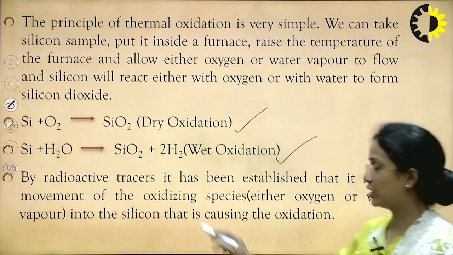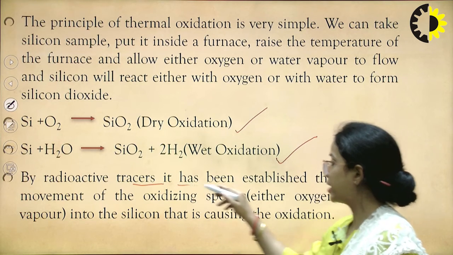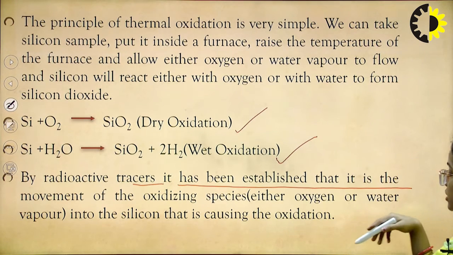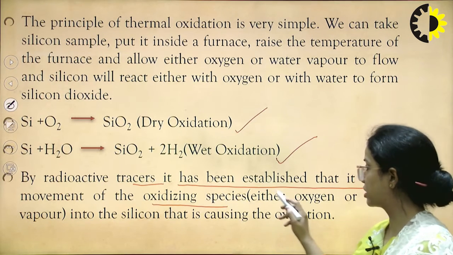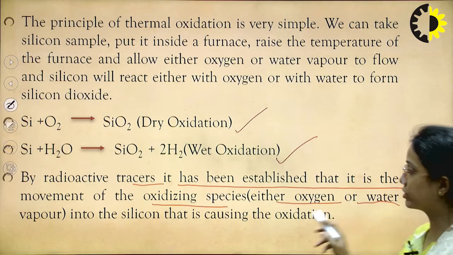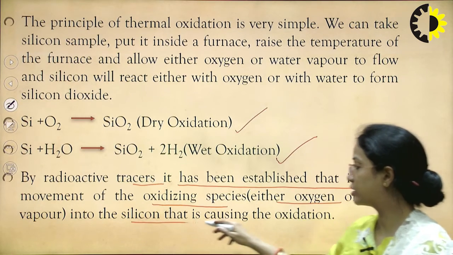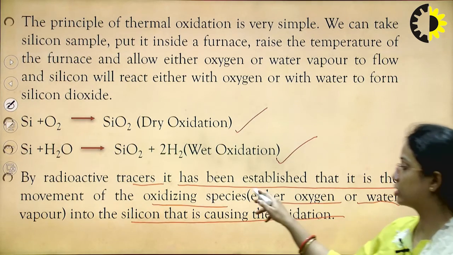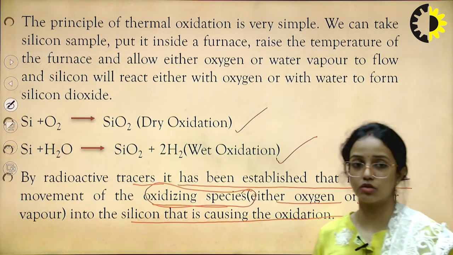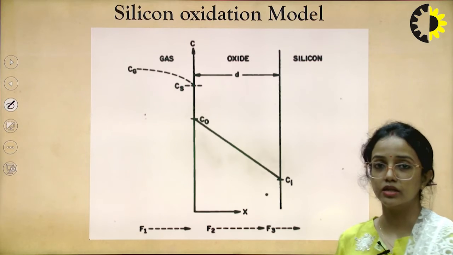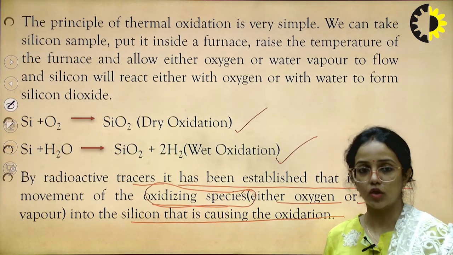By radioactive tracers, it has been established that it is the movement of oxidizing species, either oxygen or water vapor, into the silicon that causes the oxidation. So both oxidizing species, oxygen or water, help in oxidation.